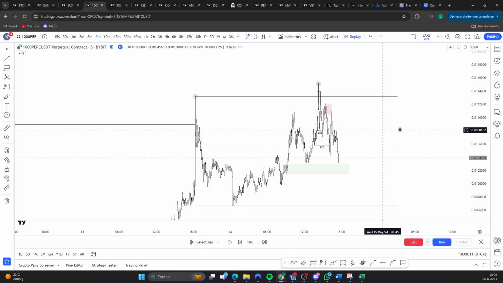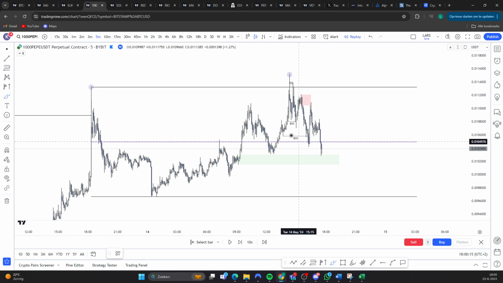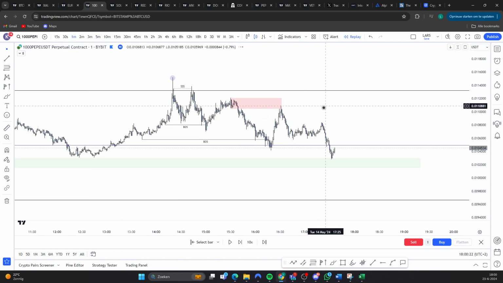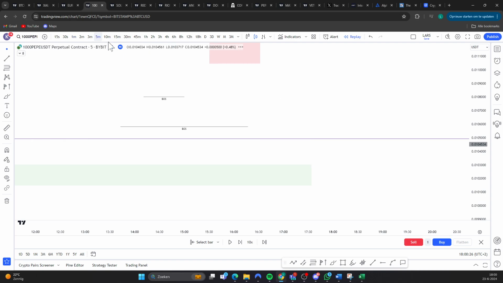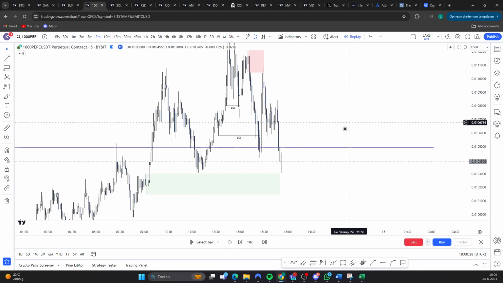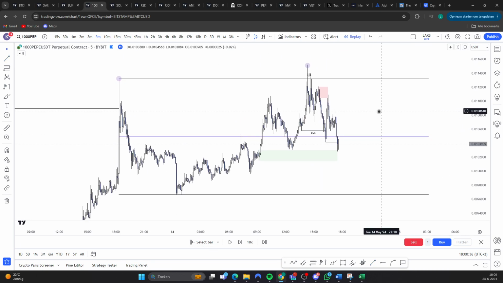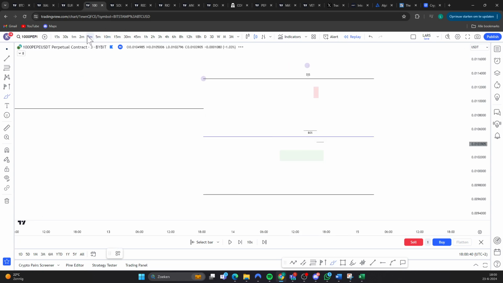So the planning was there, looking for a rejection here, take it to here, but nothing to confirm it. Now there's nothing but liquidity above you, right?